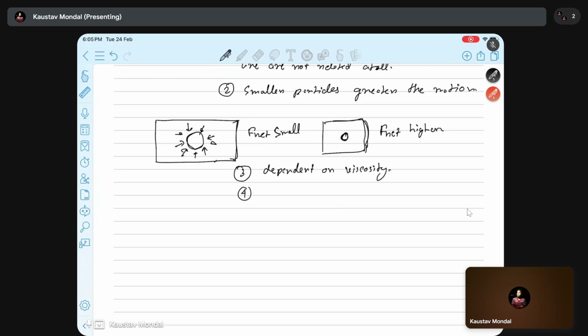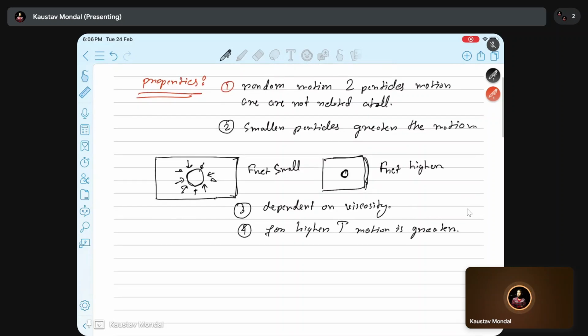The fourth property is that for higher temperature T, the motion is greater. The reason is that Brownian motion is kind of an eternal motion. The energy for this Brownian motion comes from the thermal energy of the particle, and thermal energy is directly related to the temperature of the system.